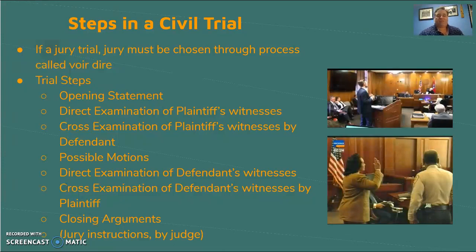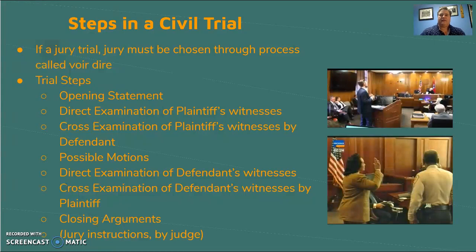Then you can proceed with the presentation, the case in chief of the defense. The defense presents their witnesses, generally either repudiating or otherwise explaining what really happened. Plaintiffs get to cross-examine the defense witnesses, just like the plaintiff's witnesses got cross-examined earlier. You might have some motions fly back and forth, and then you have closing arguments.